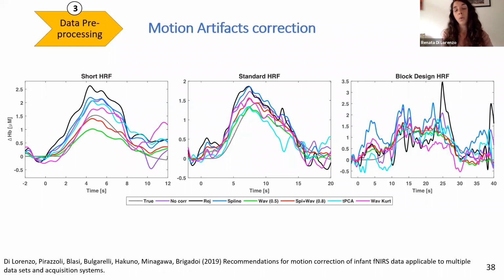Then we applied all the different pipelines containing either only one type of correction method or the combination. Here you see in different colors the different types of pipelines that we applied. Then using the RMSE, which stands for hemodynamic response recovery error, between the true HRF, the simulated one, and the HRF that resulted from each pipeline, we understood which one was recovering the true HRF better.